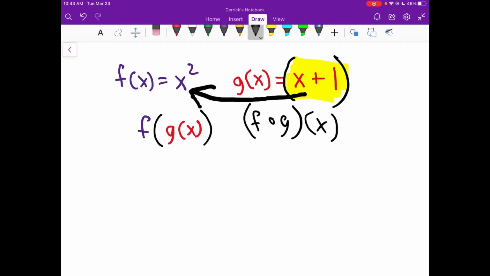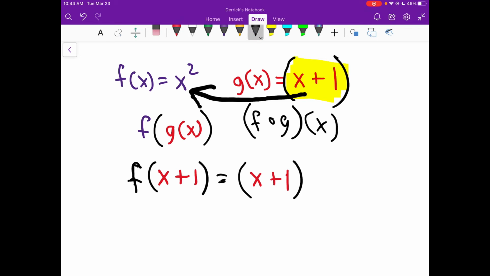Meaning, another way that we could write f of g of x is we could say we are simply trying to do f of x plus 1. That's really what we're saying we're doing here, f of x plus 1. We are replacing x with the quantity x plus 1. So, instead of x, we would write the quantity x plus 1.